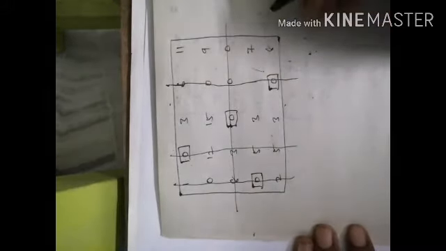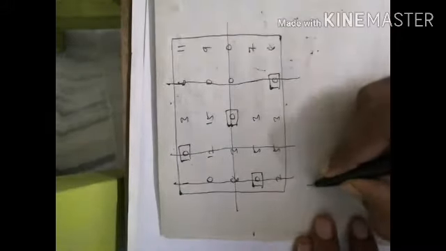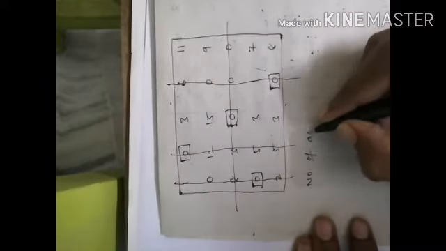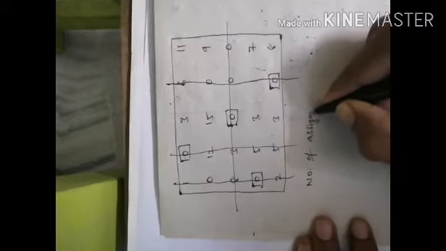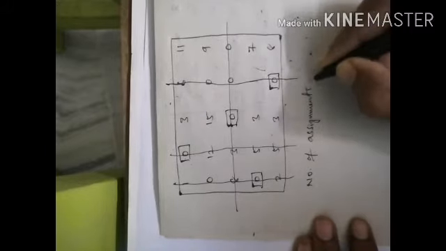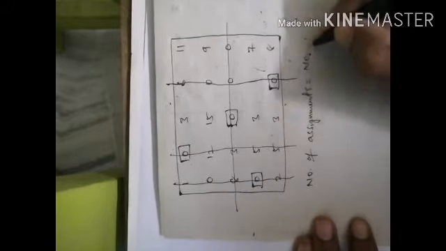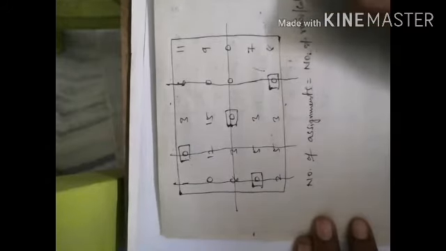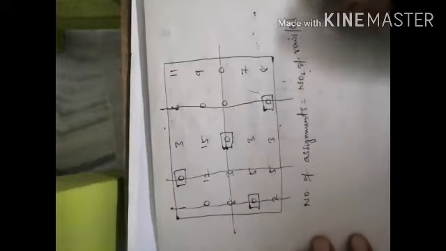Now the condition we need to check is whether the number of assignments equals the number of rows or columns.